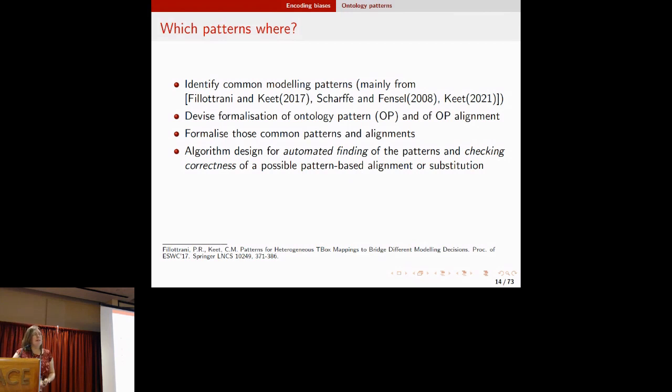Once we have a formalization of those patterns, that also means you would be able to align those patterns and perhaps swap them. If you have one kind of pattern and you want the other one, instead of doing that manually, maybe we can automate that as well, because we have a formalization of it and then we know how to swap. We also had algorithms for the automated finding of those patterns and checking correctness. I will not focus on that last part in this section, but we have some of that as well.